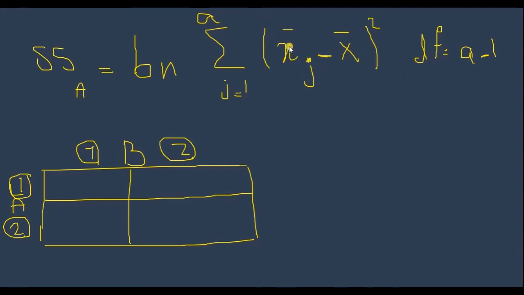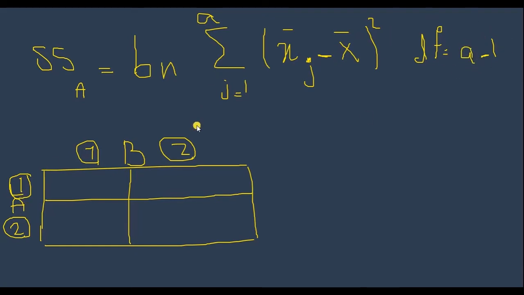In here we have x bar j, which is average of data that we have in the first level of factor A, and then another data that we have in the next level and to the end. Okay, so j is from 1 to the level of A, and then we subtract x bar of all data from it. Then we get it to the power 2, and degree of freedom in here is the number of levels for factor A minus 1, which is 1 in here.